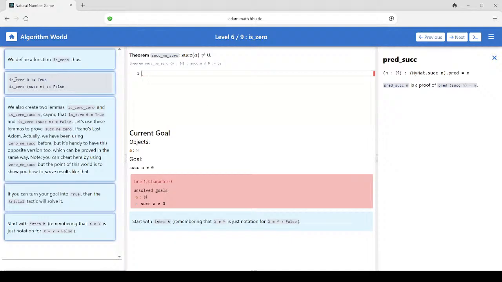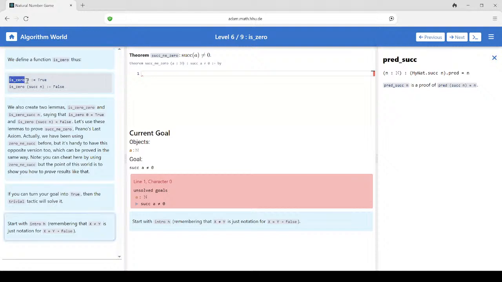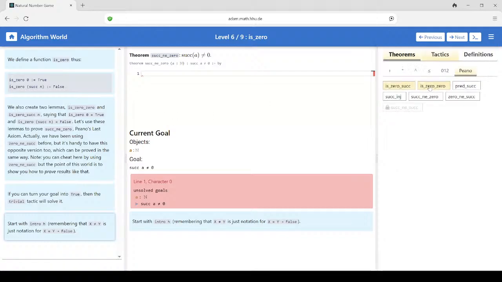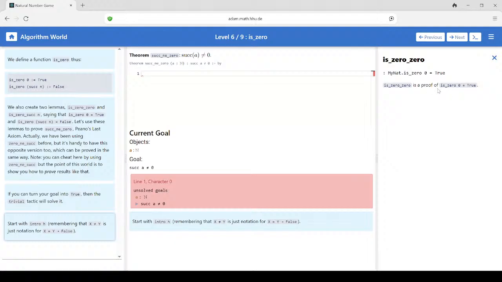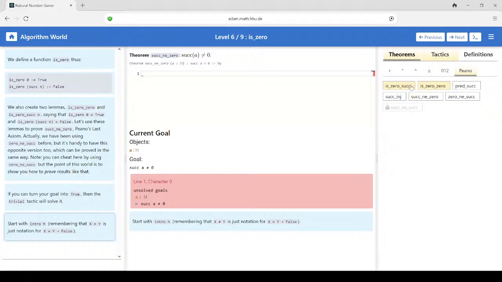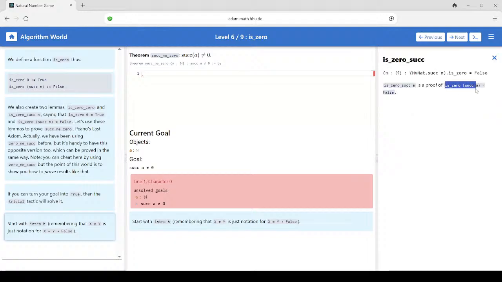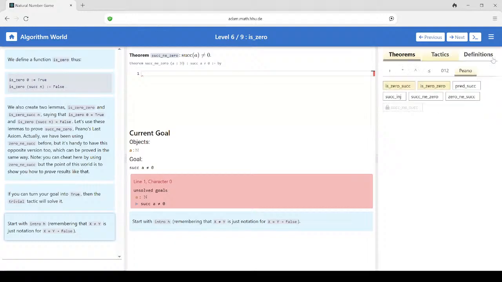So is 0 is a function, and if it's 0, then it's true, and if it's a successor, then it's false. We also create two lemmas, is 0, 0, and is 0 successor. And so this is the proof that is 0, 0 is true, and is 0 successor is false.